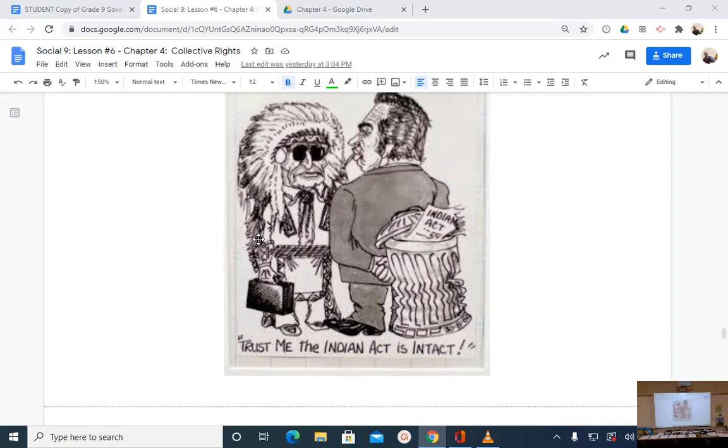We want you to look at this source and see collective rights. We want you to look at this source and see problems like alienation. Again, you might see cartoons in multiple choice this year, but long term you'll be writing about them as well.